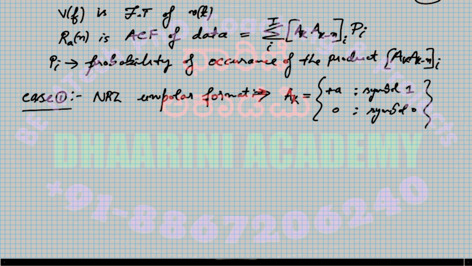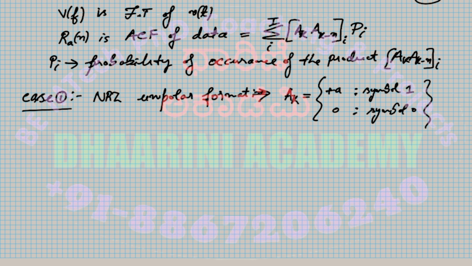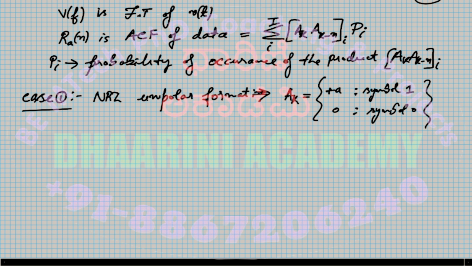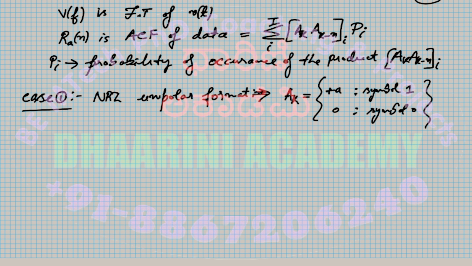Now I need the probabilities as well, because just now we wrote pi over there, so there is a probability term coming into the picture. Practically there are varieties of probabilities that you can define, but for analysis purposes, let's keep it as simple as possible. I have two probabilities, one for 0 and one for 1, and let us assume the equiprobable case.